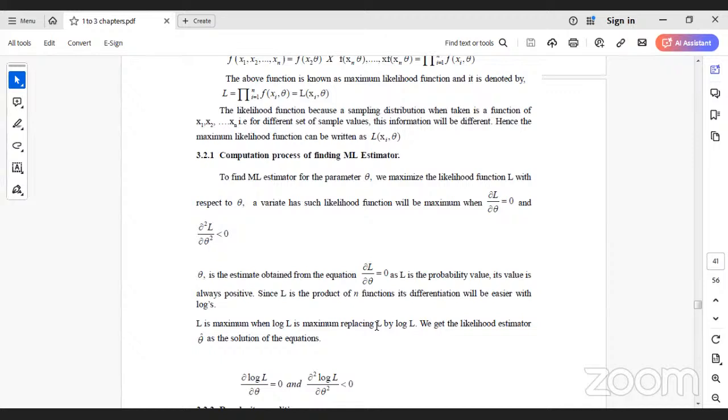Since L is the product of n functions, its differentiation will be easier with logs.